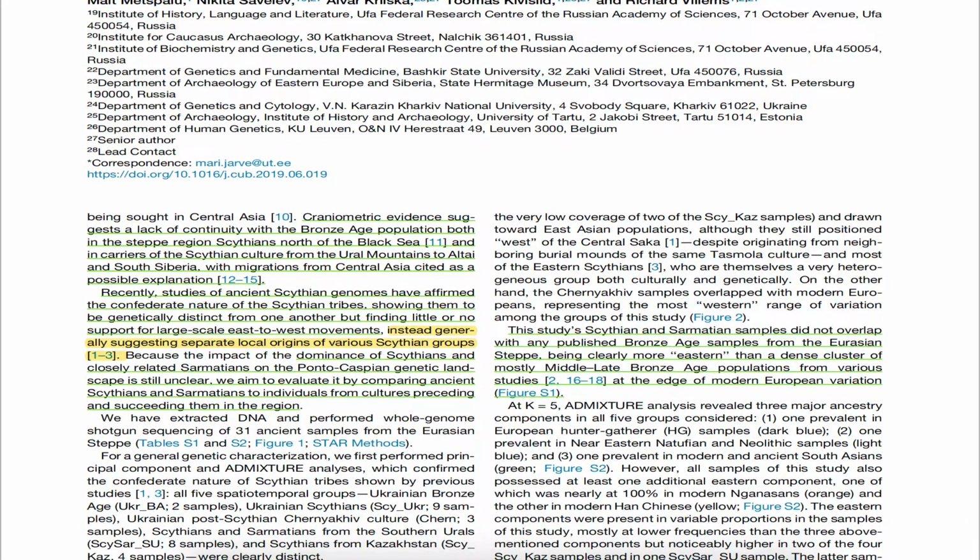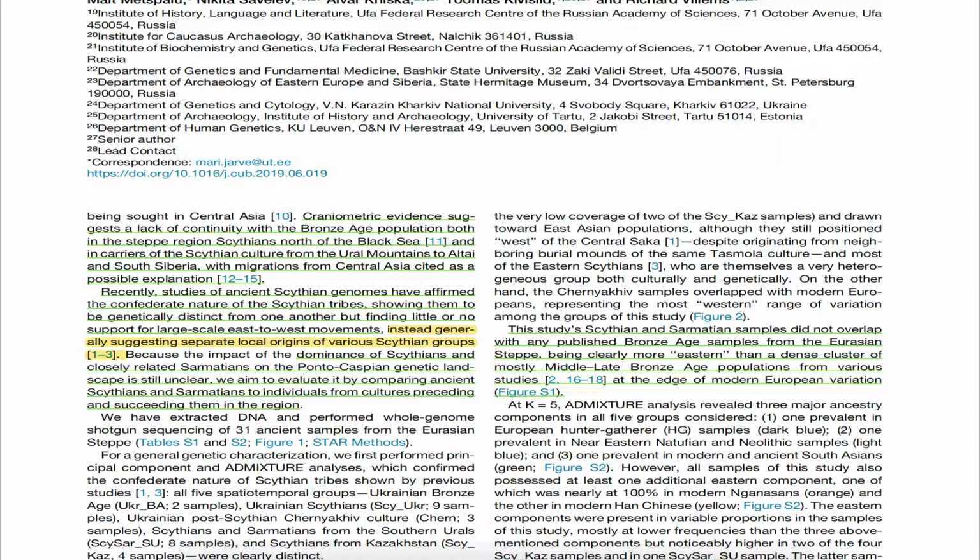It says the dominance of the Scythians and closely related Sarmatians on the Ponto-Caspian genetic landscape is still unclear. We aim to evaluate it by comparing ancient Scythians and Sarmatians to individuals from cultures preceding and succeeding them in the region.